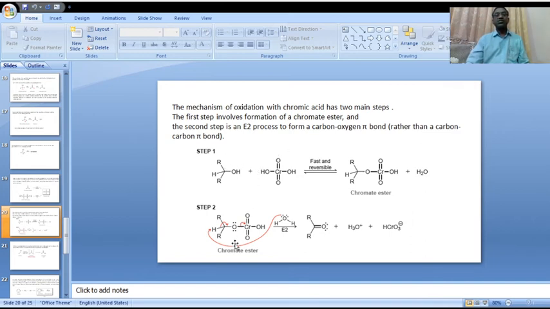In these two steps, the starting material secondary alcohol forms ketones. This is the two-step, clear-cut mechanism of this reaction. This reaction proceeds by an E2 mechanism: the water molecule attacks and, at the same time, rearrangement takes place.